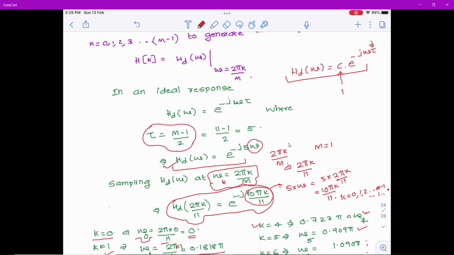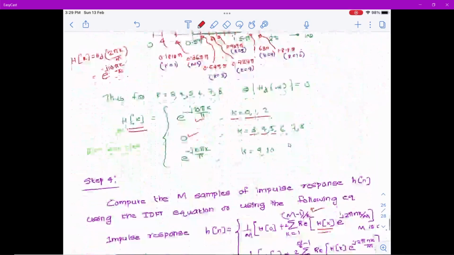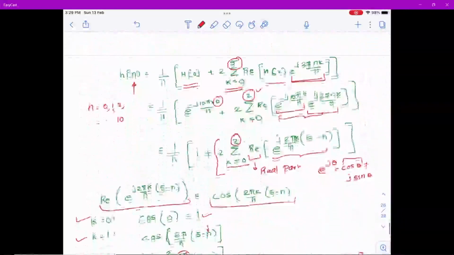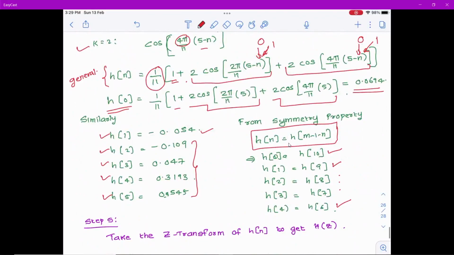When you sample it, you are actually doing a DFT. You just take the inverse DFT, find the impulse response h of n, you find for each value of n the corresponding values of h of 0, h of 1, h of 2, etc. That will finish your design.